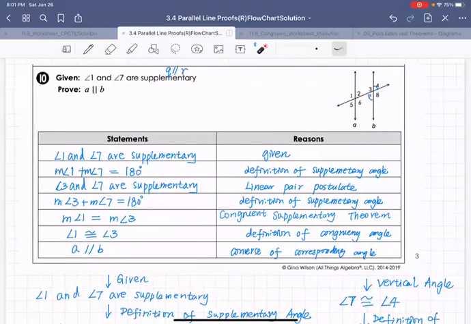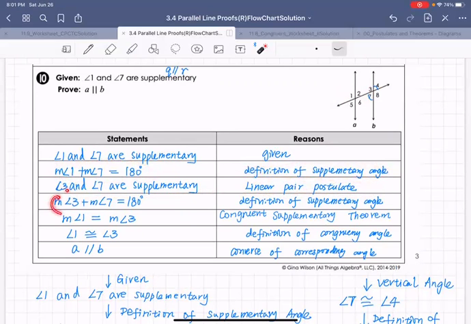Let's check here. Angle 1 and angle 7 supplementary, given, no problem. This plus that together is 180, definition of supplementary angles, no problem. Angle 7 and angle 3 are supplementary. This is called the linear pair postulate.